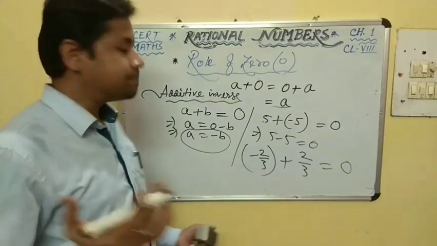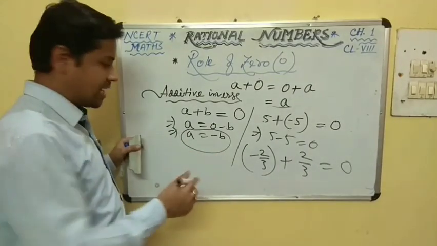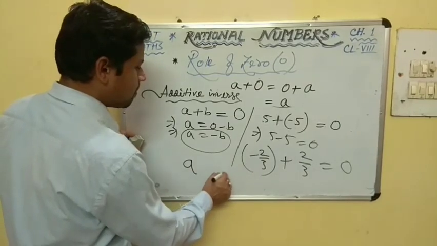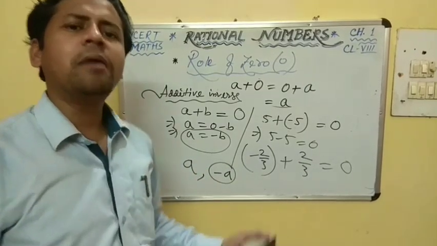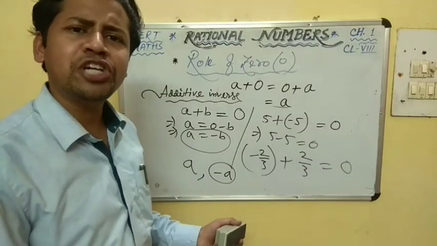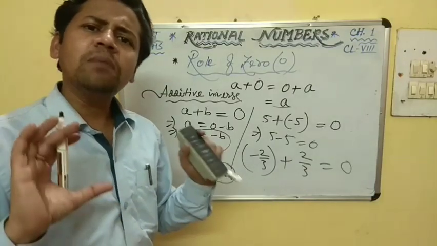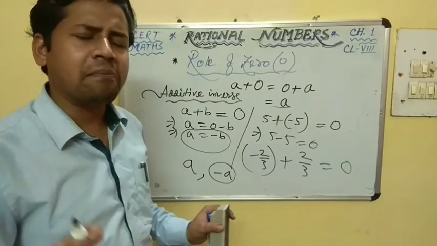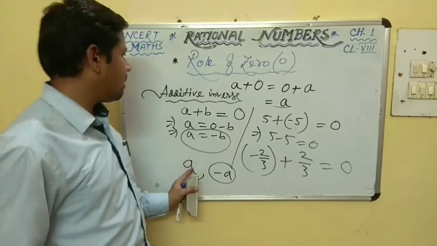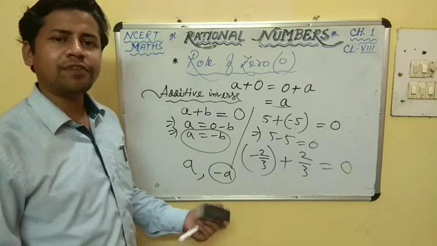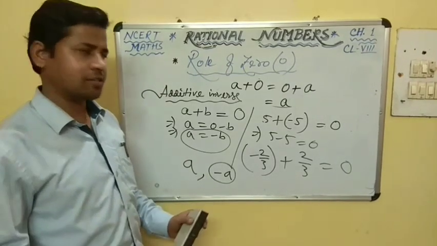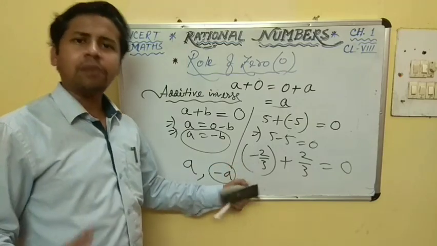So it is clear that the additive inverse of a is minus a, and the additive inverse of x is minus x. That means the sign will be changed, but the numerical value will be unchanged. Only the sign will be changed: plus 5, minus 5, plus 6, minus 6, 2 by 3, minus 2 by 3.